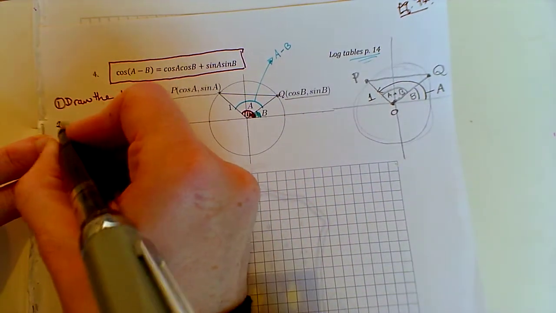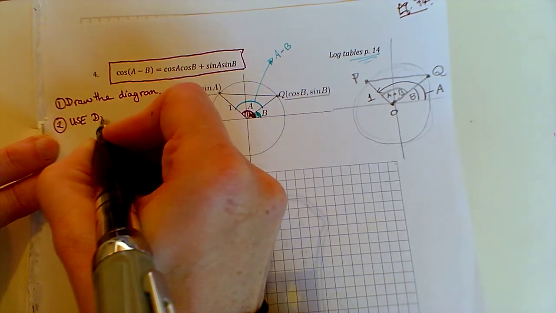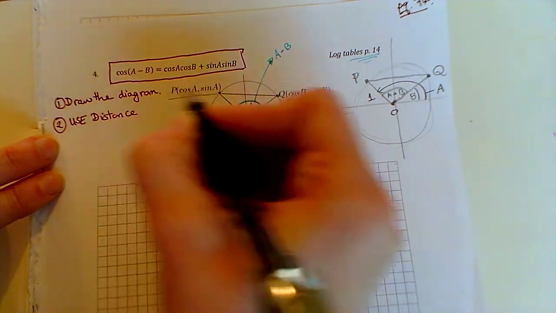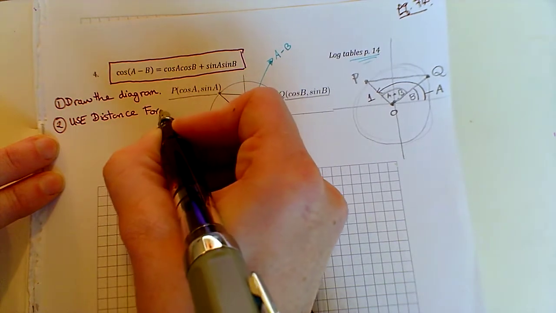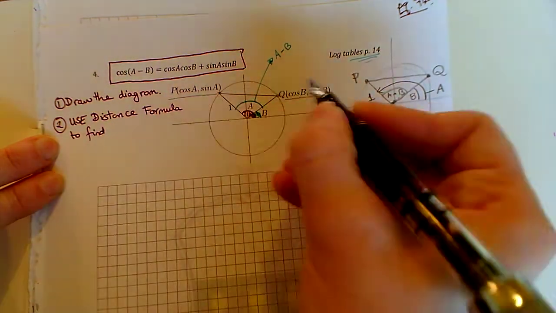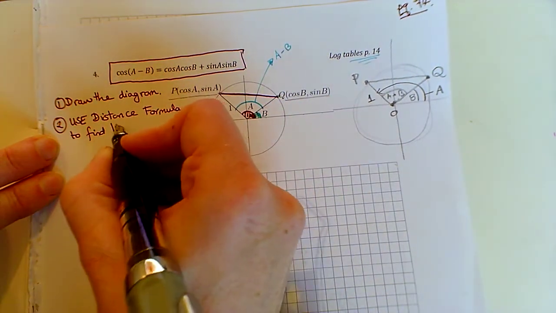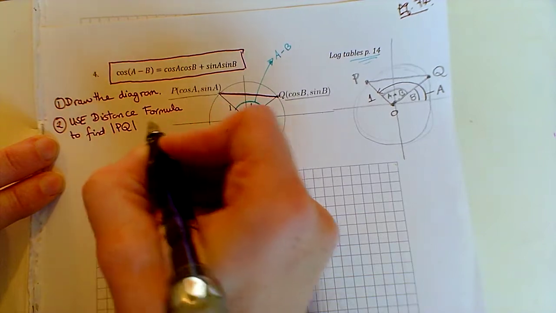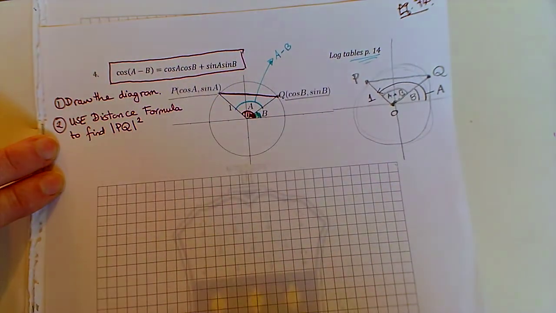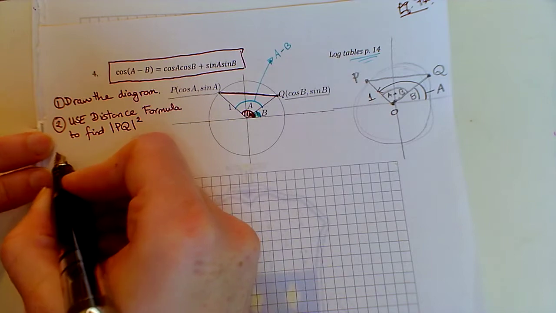Then we're going to use the distance formula to find this distance here, the distance from P to Q. But we're not just going to find P to Q, we're going to square it as well. So you remember the distance formula has a square root in it, and we're going to be squaring both sides to get rid of the square root.